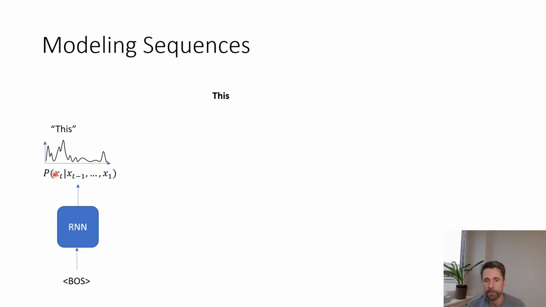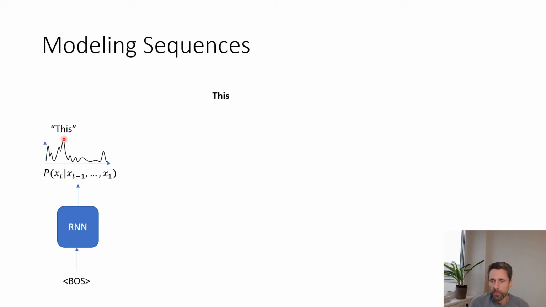That's more tractable than having a model that spits out the probability distribution over all sequences. So we break it down and approach this in a sequential manner. Our network here is supposed to give a probability distribution over all tokens, all words, let's say, in our vocabulary.